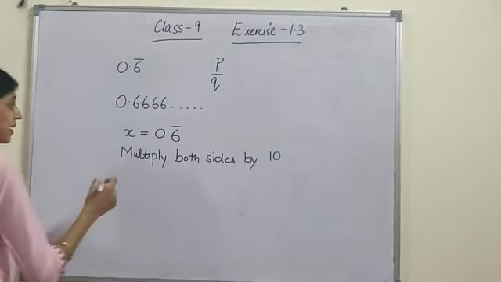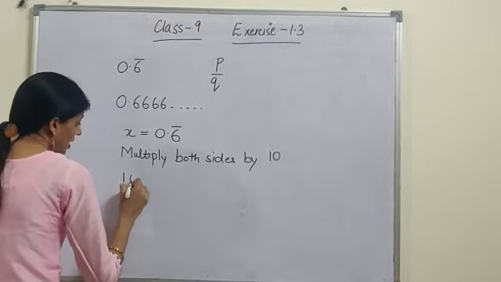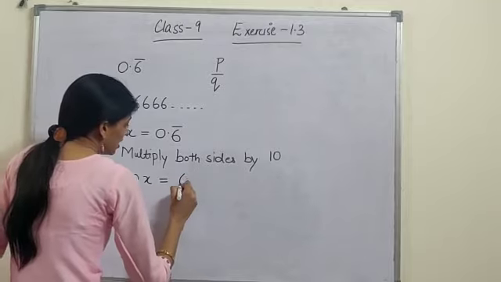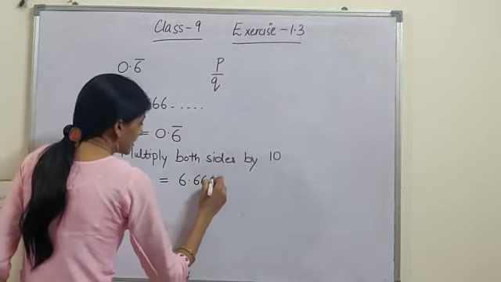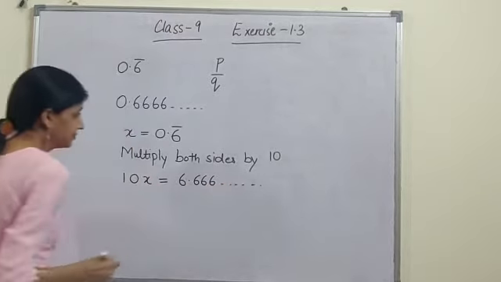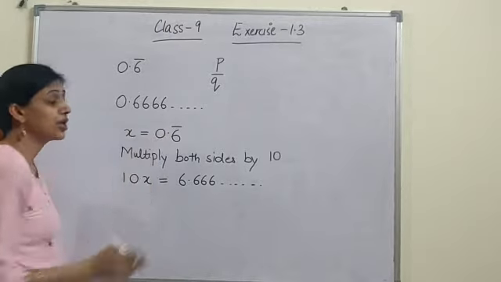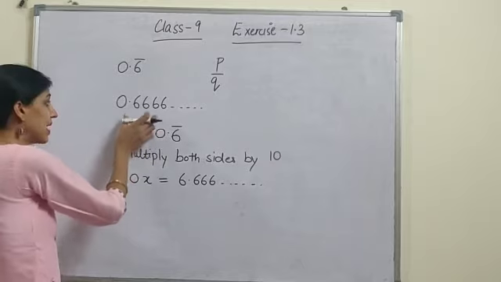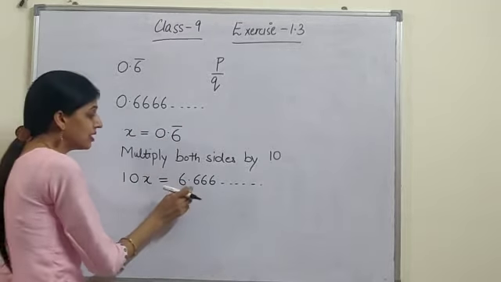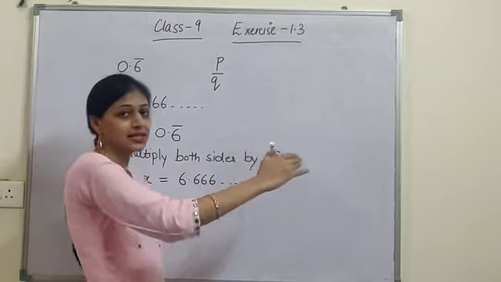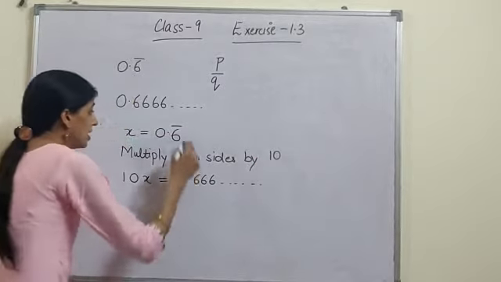Multiplying both sides by 10, I get 10x equals 6.666 and so on. Right? Because this number is 0.666, and I have multiplied this number by 10, so 6 comes in front and 0.66666 and so on.